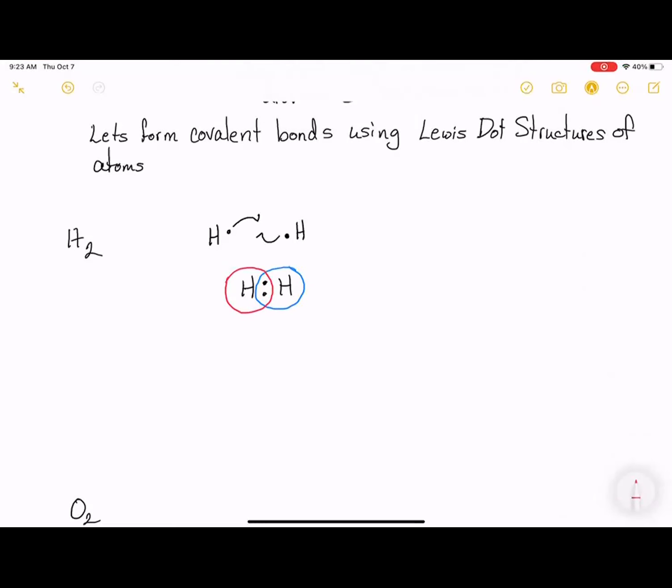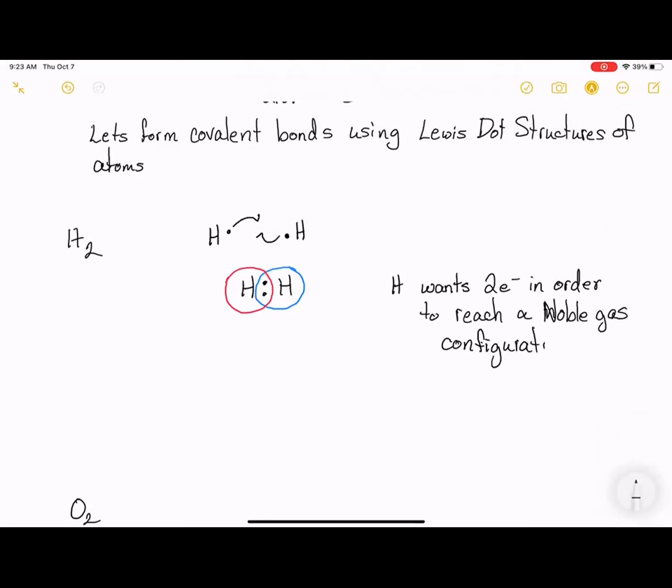Now, why is this important? The reason it is important is because hydrogen wants 2 electrons in order to reach a noble gas configuration, in this particular case, helium.